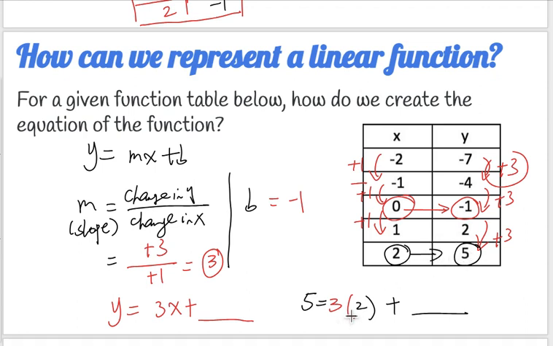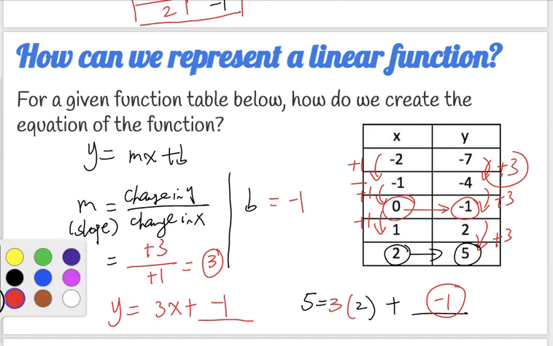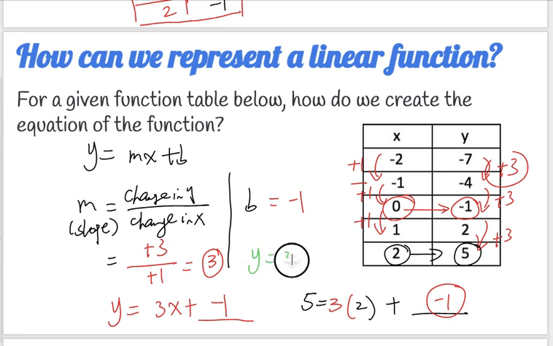So now we just need to figure out: 3 times 2 is 6, and 6 plus what number gives us 5? That is negative 1. So we know b is negative 1. We can easily write down the equation, which is 3x minus 1. And that's how we write the equation of the function, okay?